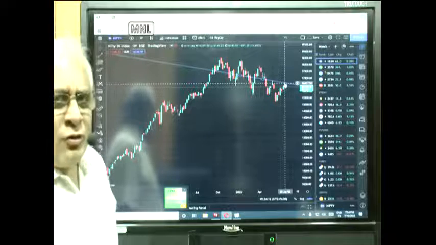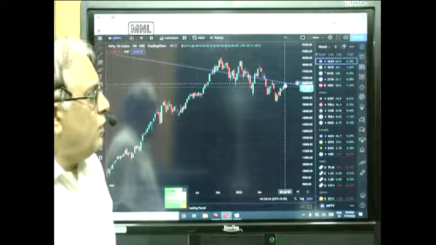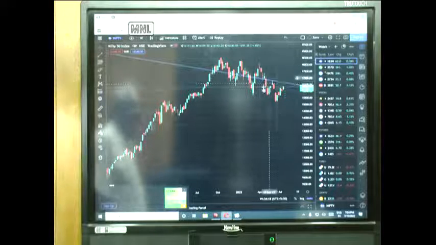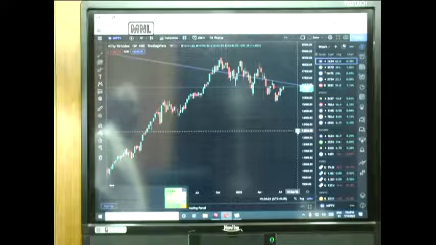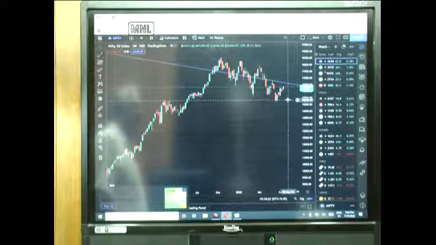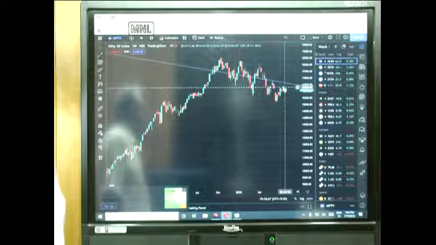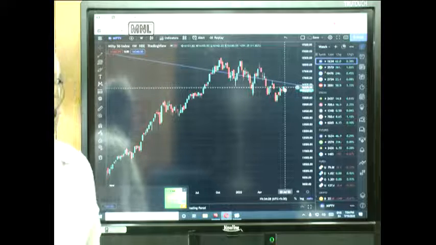So somewhere between 16,550 to 600, it can rally and then also fall. So the trend line clearly shows that probably we should be prepared for another 200 points up move. Another 200 points up move in Nifty is possible.